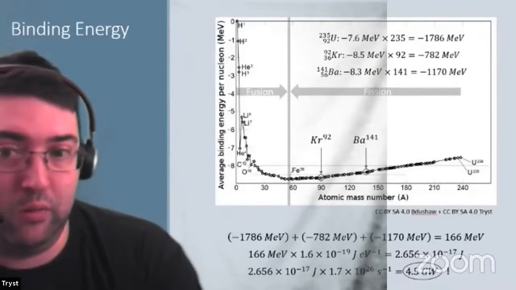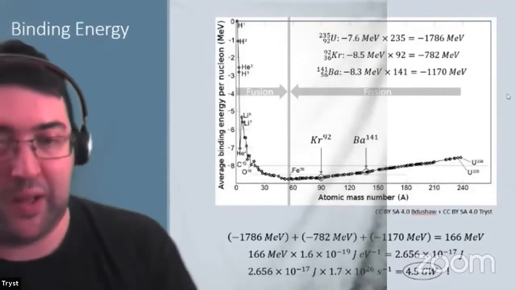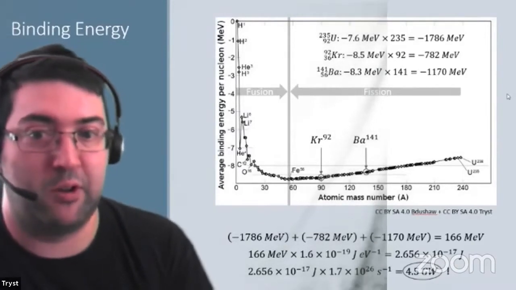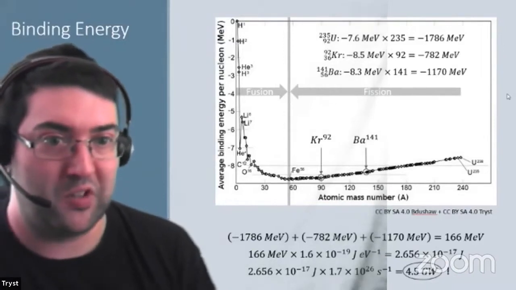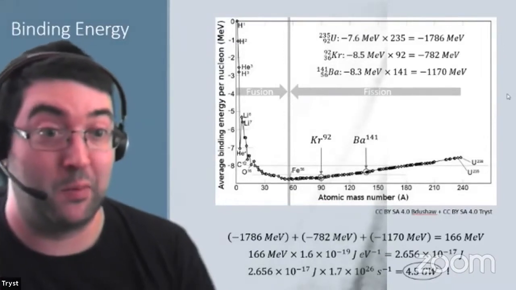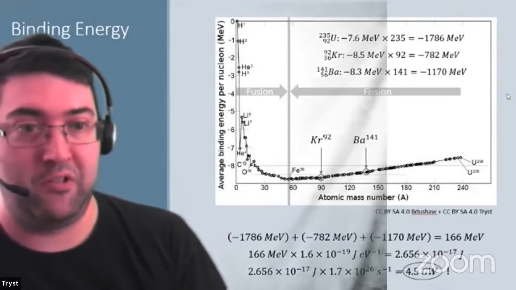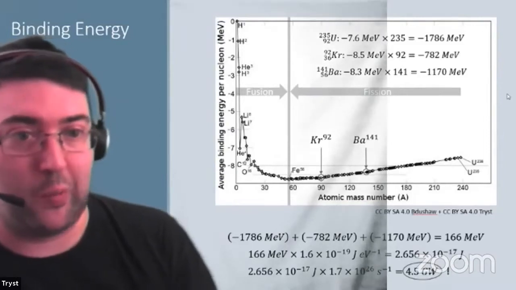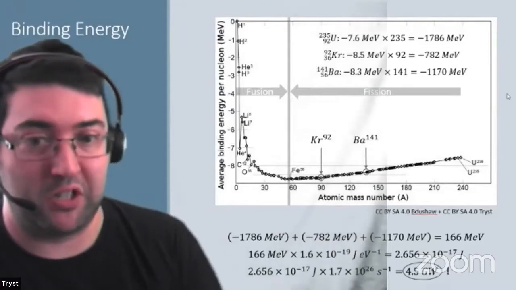When you split a uranium atom with a binding energy of 1,786, you can add all these bits up. So you take a negative number, add another negative number, and add another negative number to it, and you get 166 as the sum. And that 166 megaelectron volts equates to roughly 2.7 times 10 to the minus 11 joules.